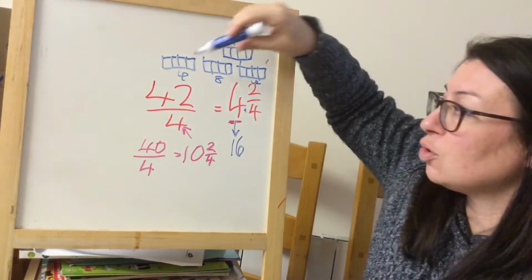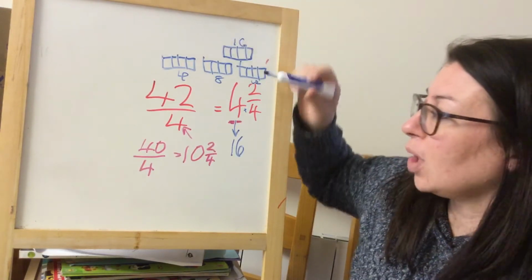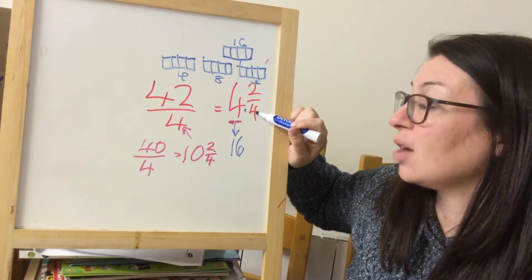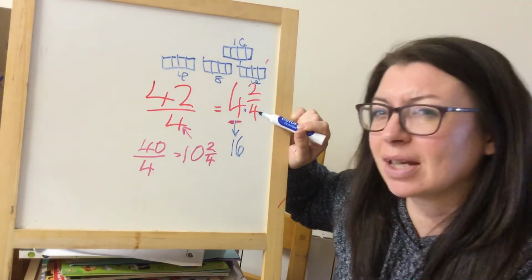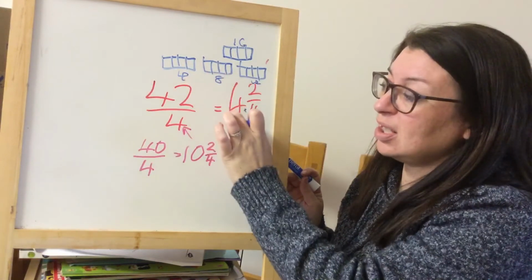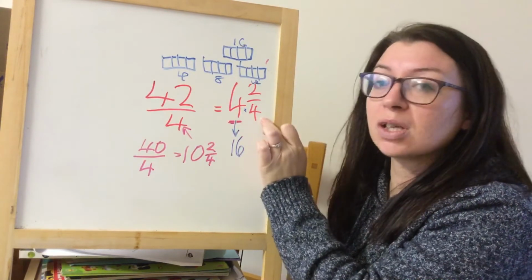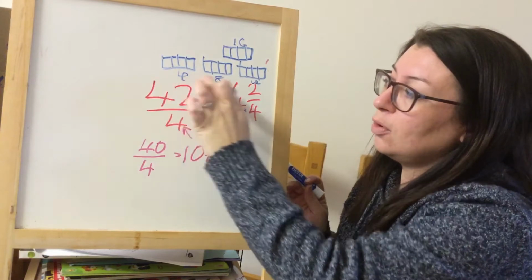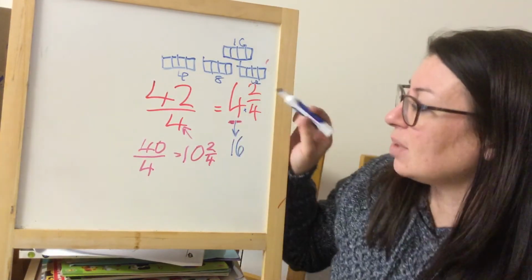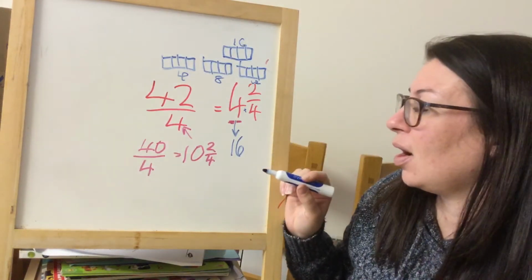So if you draw your diagram to help you, if you had 4 wholes of bars made up of 4 pieces, if that makes sense, it sounds really complicated. 4 bars, because it's saying you've got 4 wholes, and each of them is cut up into 4. So you have 4, 8, 12, 16. And actually this is the same as having 16 parts.